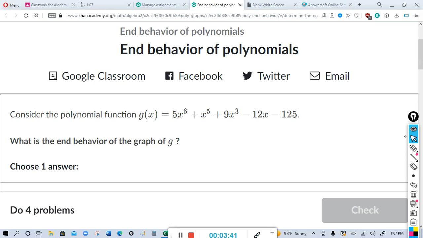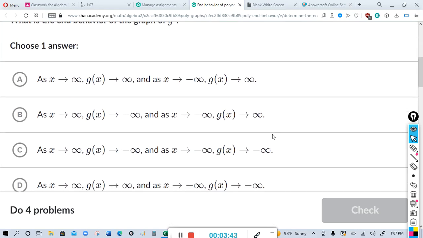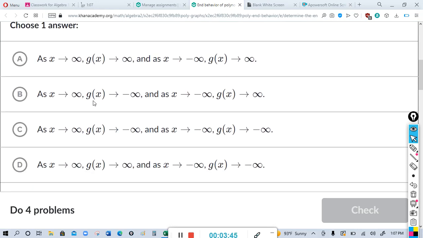And remember the symbol for infinity? That's the symbol for infinity. So let's see, end behavior of polynomials. For all of these, they want you to say what happens to the graph as x goes to infinity.